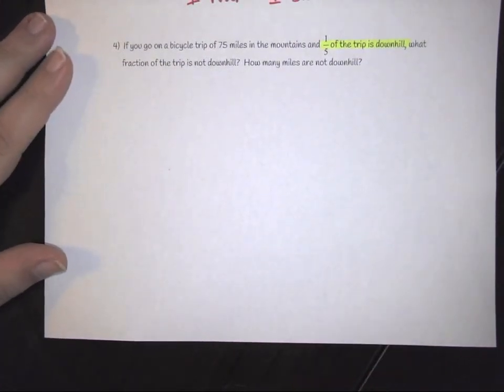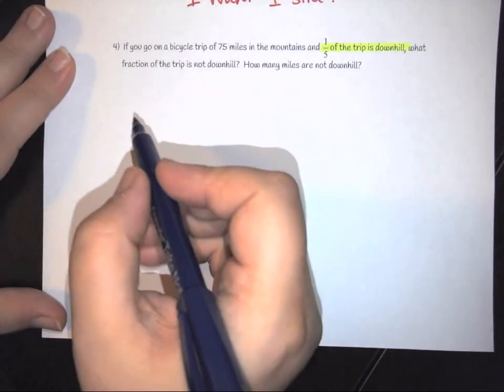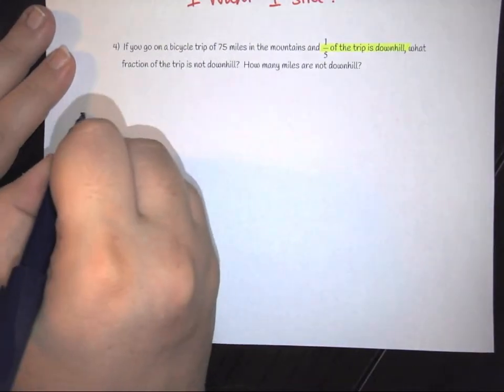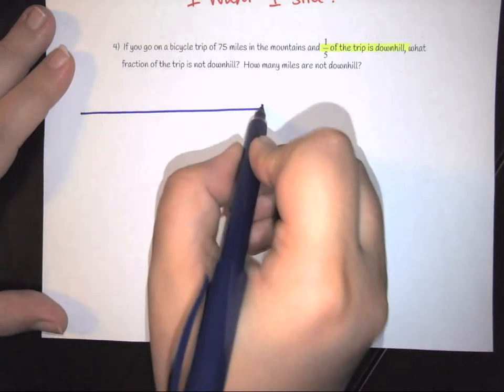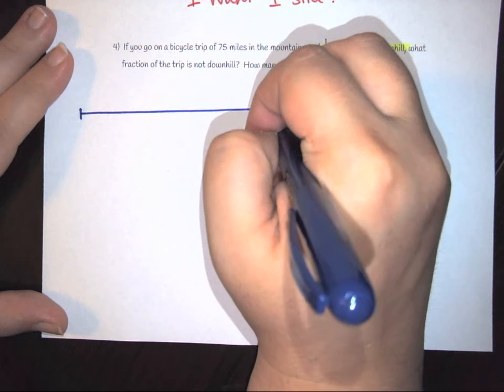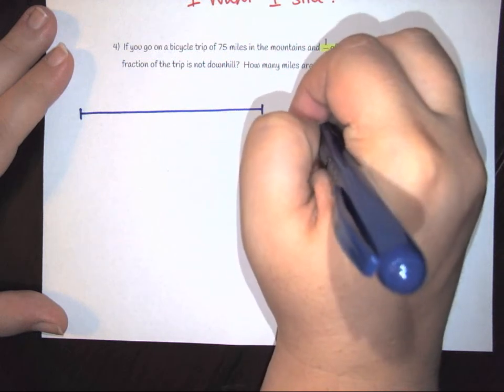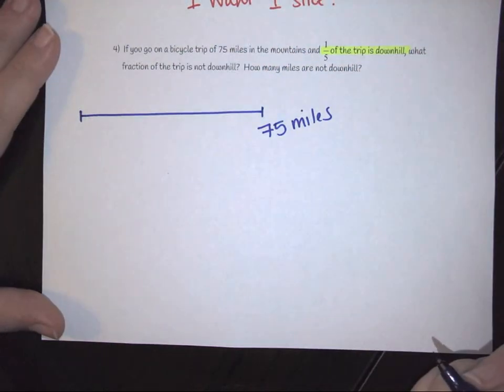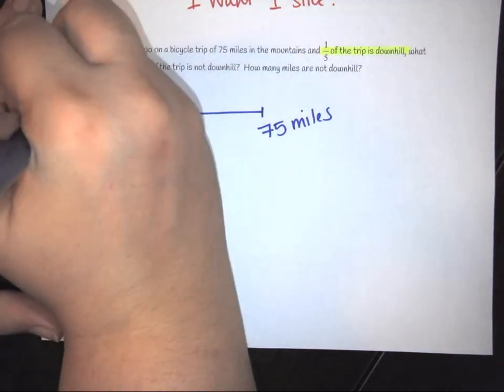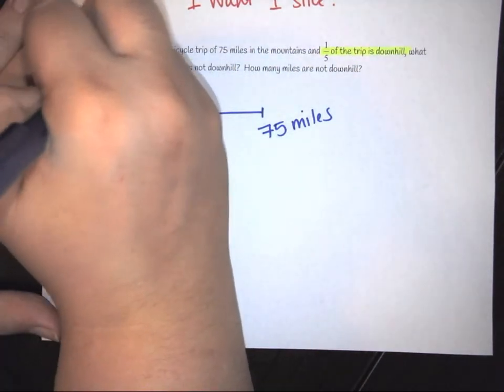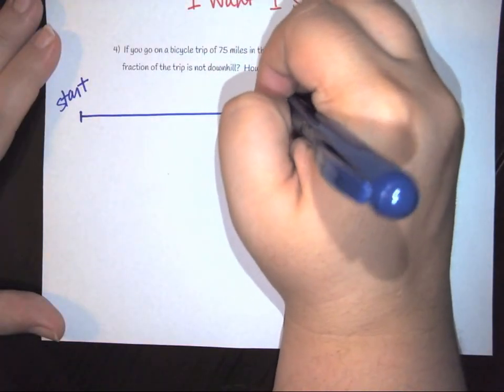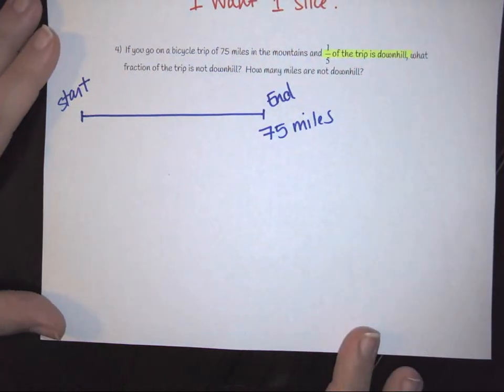So first, what do we know? Well, if we're going to draw pictures again, do just that. We have a bike ride, and we are going a total of 75 miles. So we can start here, and we're going to end over here, and we went 75 miles.